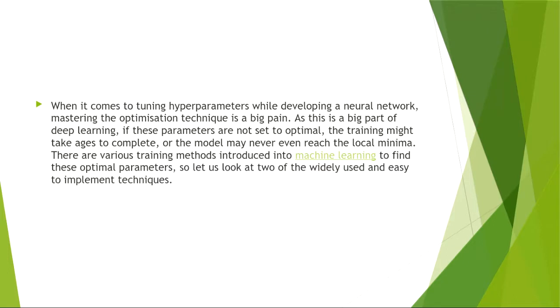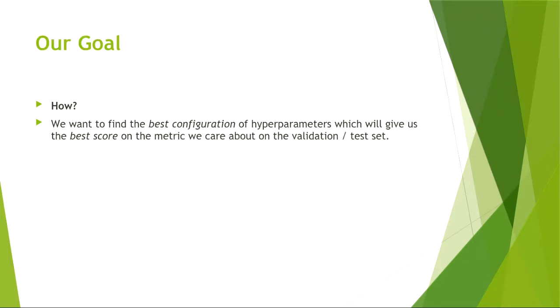Okay. So that is why we are talking about these two techniques, random search and grid search. And then we'll see how random search is still better than grid search. Now when I am talking about hyperparameters, our goal, while training and building the model, is to find the best configuration of hyperparameters that can provide us the best score on the metric.